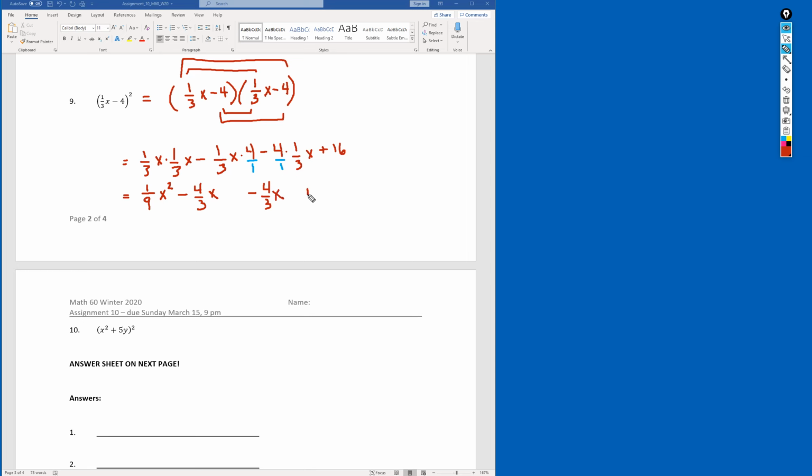And plus 16. All right, and again, we have the two terms in the middle, minus 4/3 x, and then minus another 4/3 x. Those are like terms. Same variable, same exponent, which is just 1. So we need to combine those two terms, which when you're combining like terms essentially just means combine the coefficients.